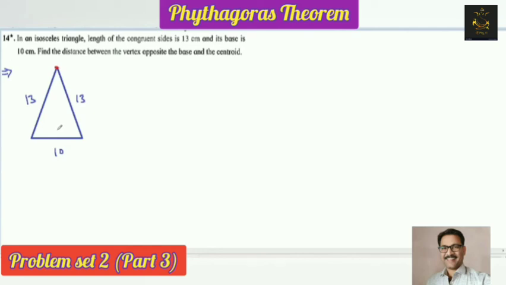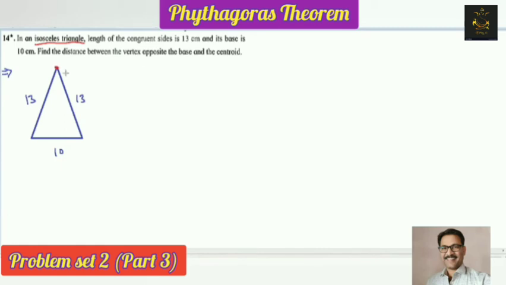But remember friends, in an isosceles triangle there is one very important part. In an isosceles triangle, the centroid, orthocenter, the intersecting point of perpendicular bisectors and the intersecting point of angle bisectors, all the points lie on the altitude. It is very important.